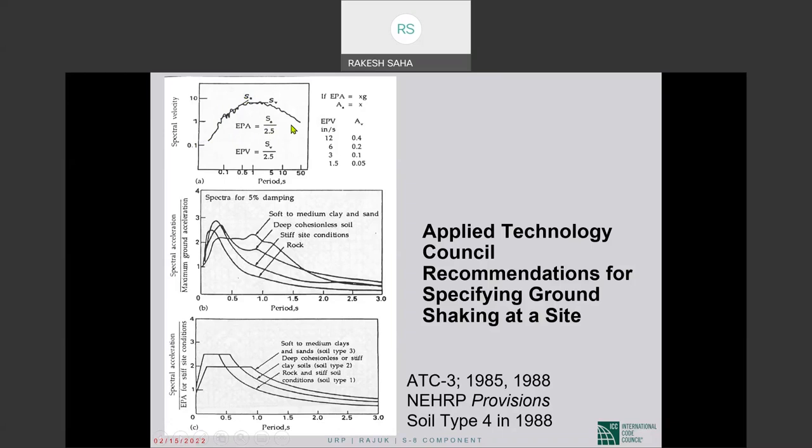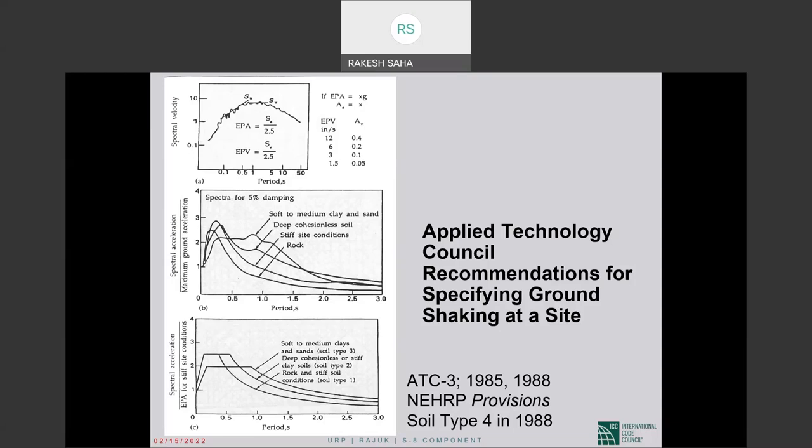S sub A, the spectral acceleration, divided by the 2.5 from Newmark's work, gives us a spectral quantity that is close to the peak ground acceleration. It remains a spectral acceleration, but it is close to peak ground acceleration. So it is effective peak acceleration.